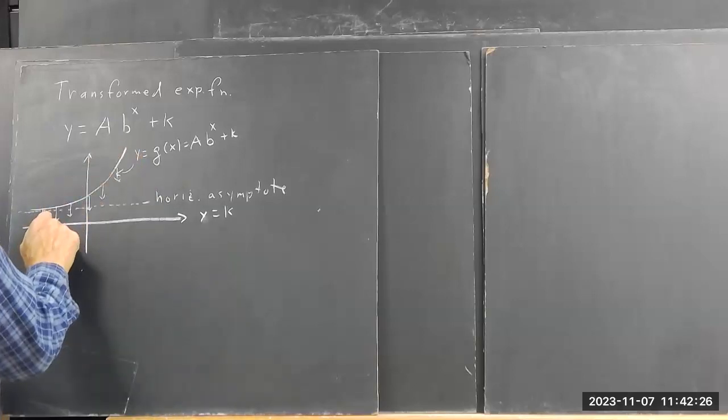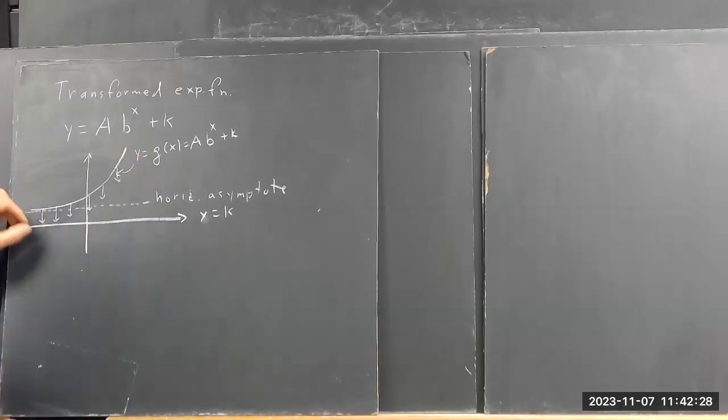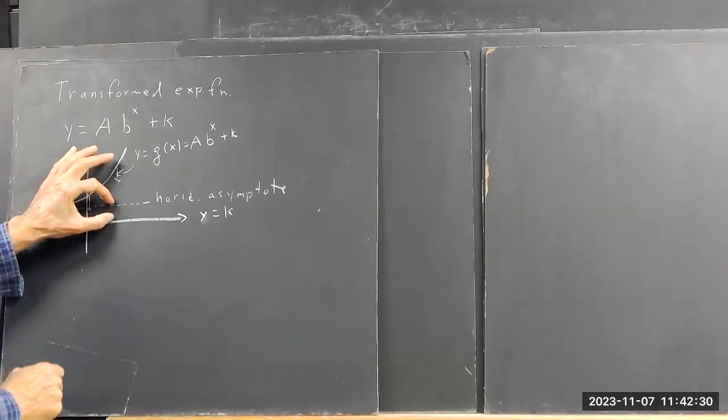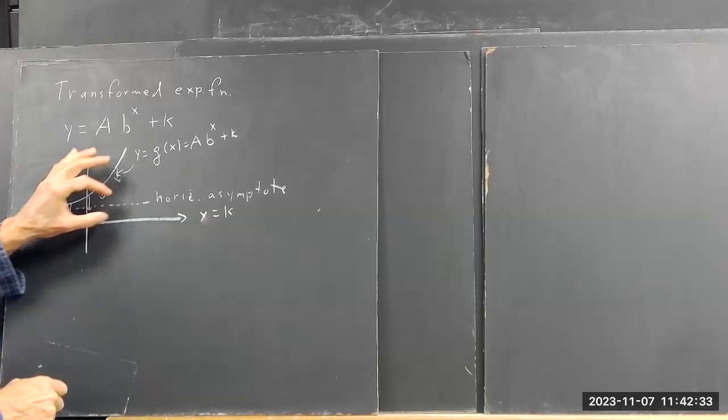Make all these arrows about the same length. It's a critical length of the arrow. Well, the length of the arrow has to be this distance here.